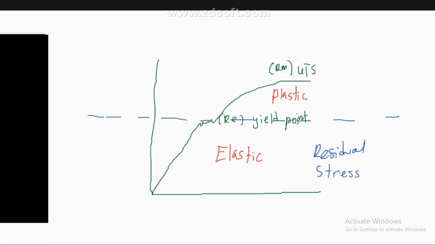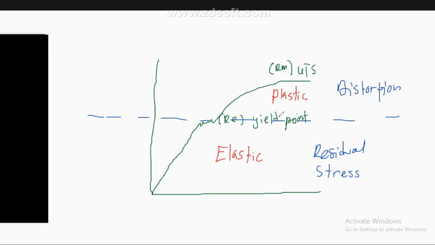Below the yield point is the elastic area, and residual stress can occur. Above the yield point, the area of plastic, is what we call distortion. So distortion always occurs in the plastic area above yield. Got it?